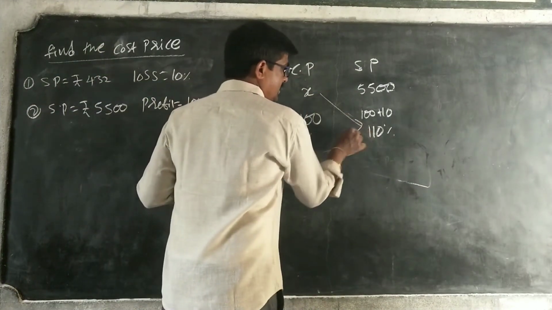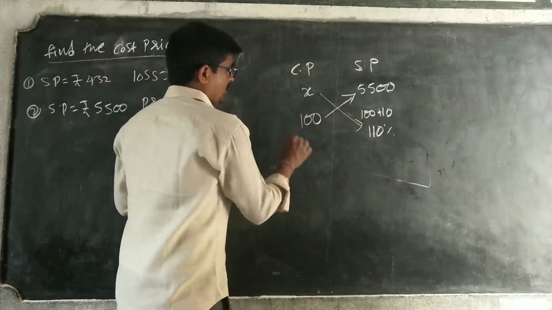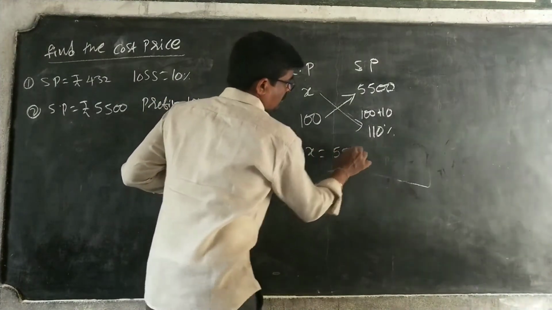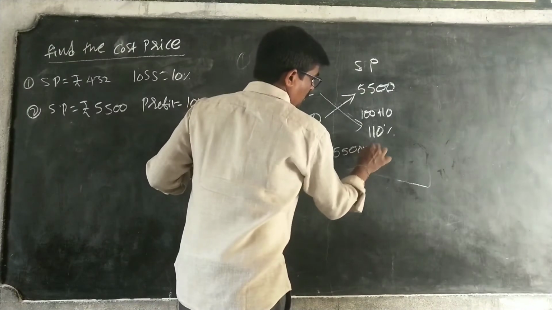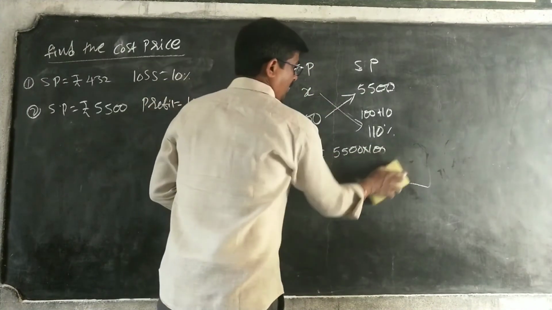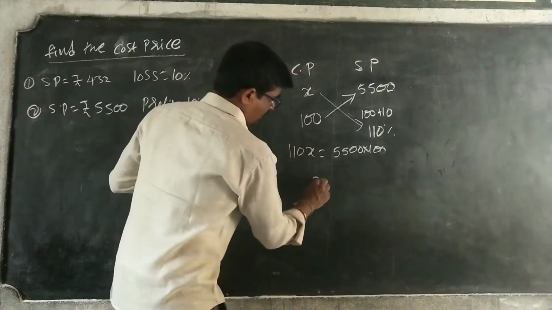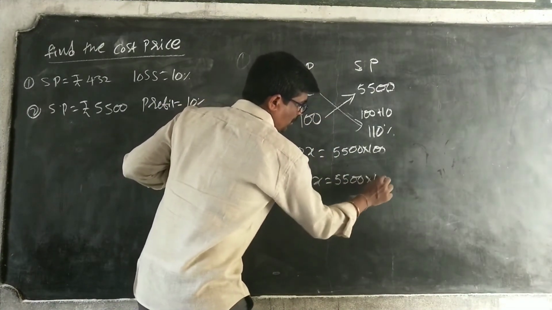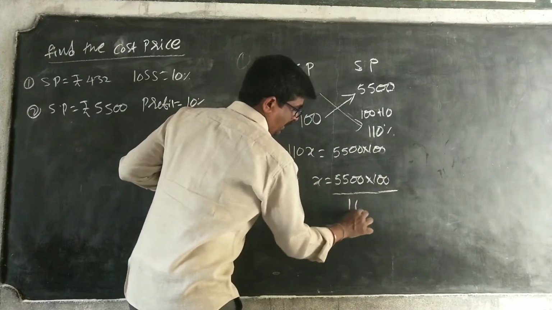This is a very easy and short way. So 110 into x is equal to 5,500 into 100. Next, x is equal to 5,500 into 100 by 110.